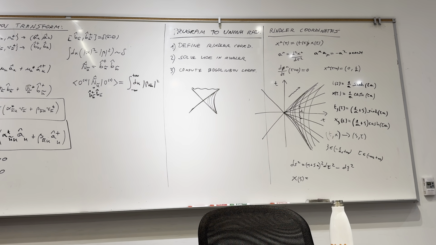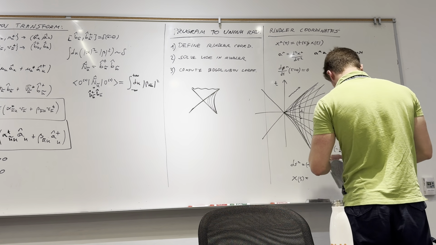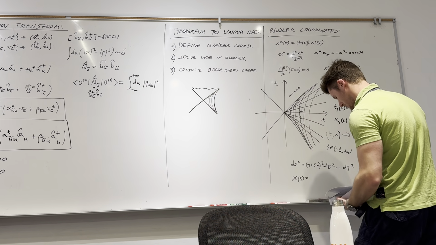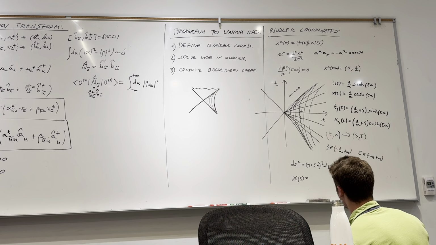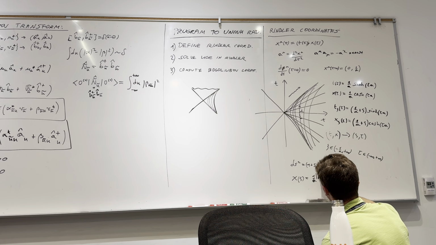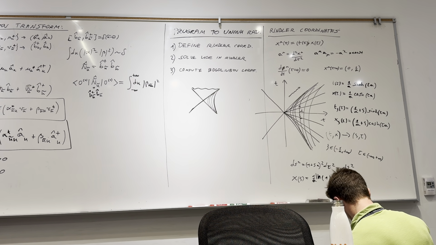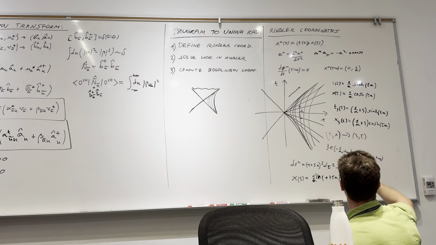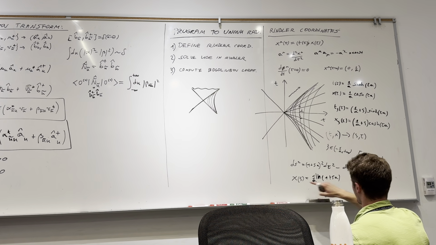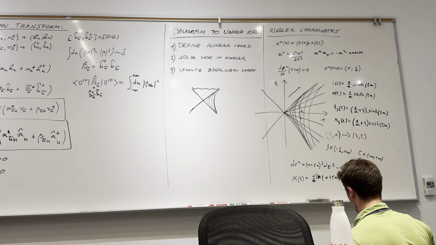So this new chi is defined to be 1 over a natural log of 1 plus xi a. Now the range of the new chi is that chi belongs to minus infinity to plus infinity, and tau is untouched.